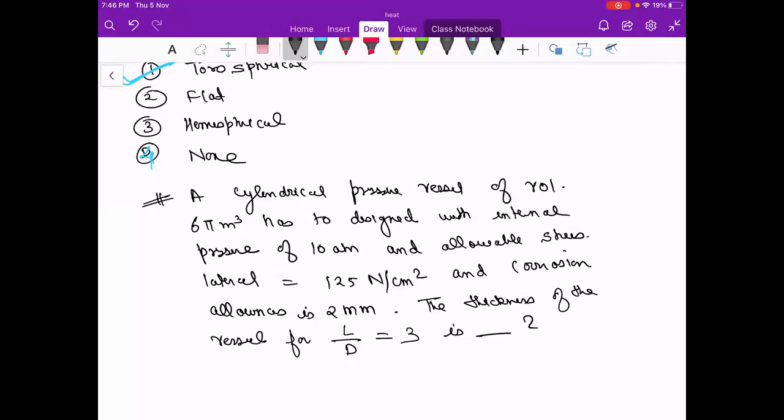Calculate this. So many students are giving wrong answer. Calculate in mm. Tell me answer in mm.